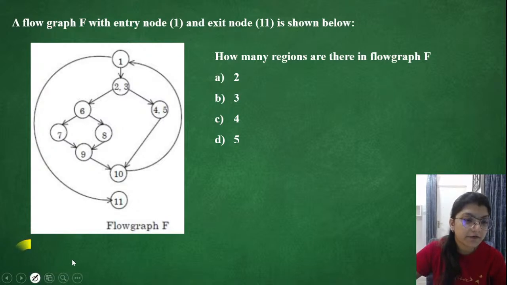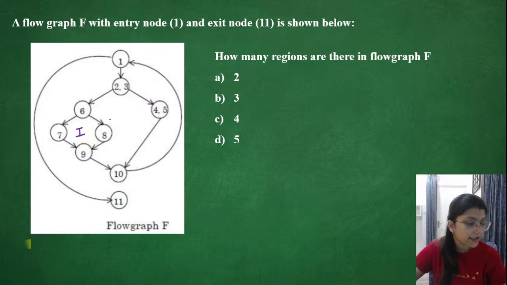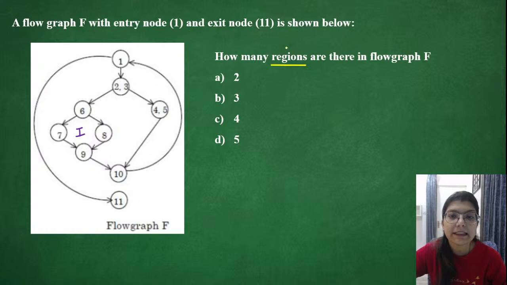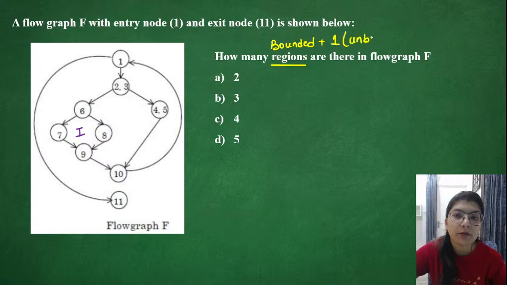If we have to calculate, this is the first region. Regions are basically bounded plus unbounded. Remember this one: regions is basically all the bounded regions plus 1, where 1 is the unbounded region.